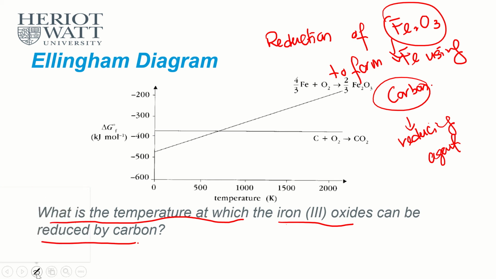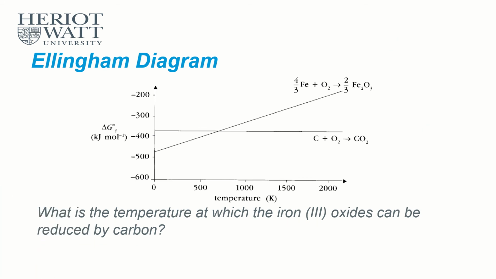Where do we start? They're asking for the temperature where the reduction of iron oxide by carbon takes place. Let's look at the equation first. If I say reduction of iron oxide, that means this equation is going backwards: iron oxide gets reduced to iron and oxygen gas.